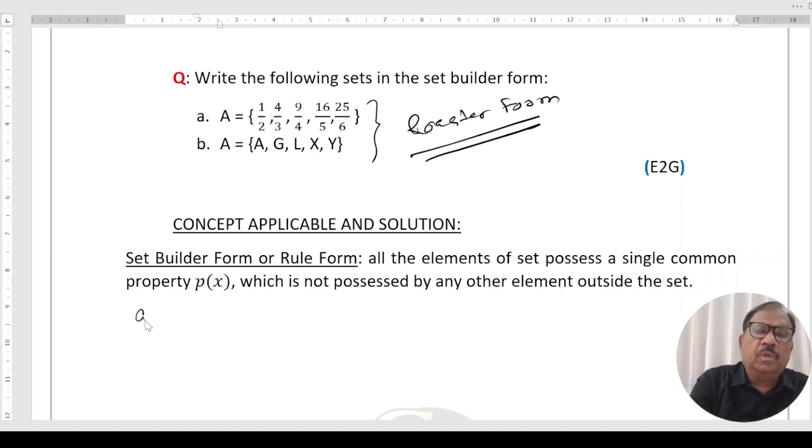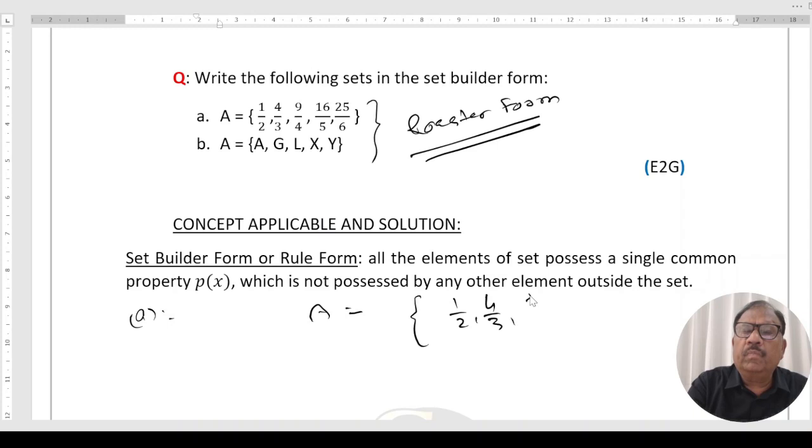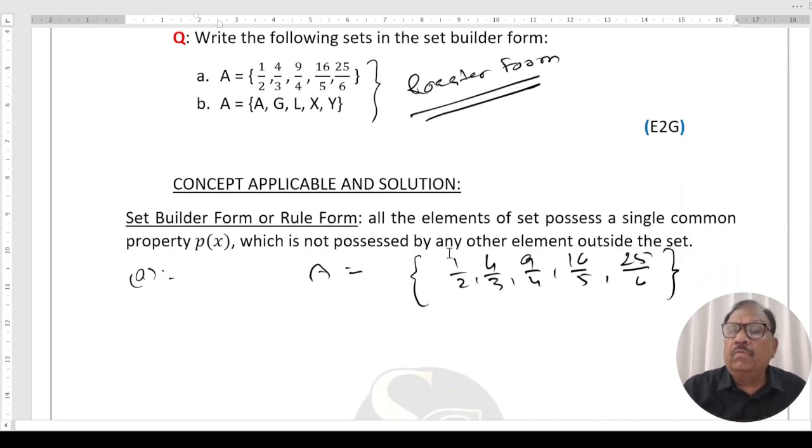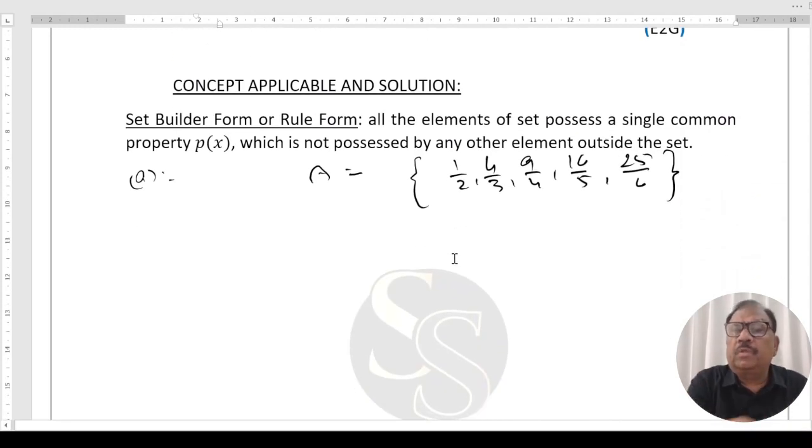A part, we take first. A equal to 1 by 2, 4 by 3, 9 by 4, 16 by 5, 25 by 6. We have to write the property of this.